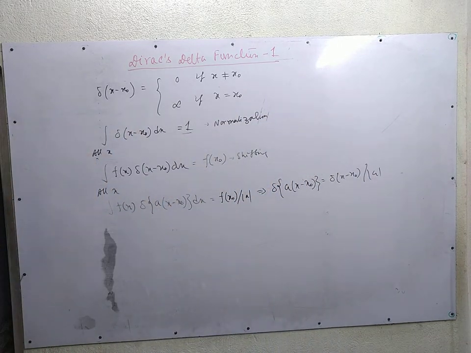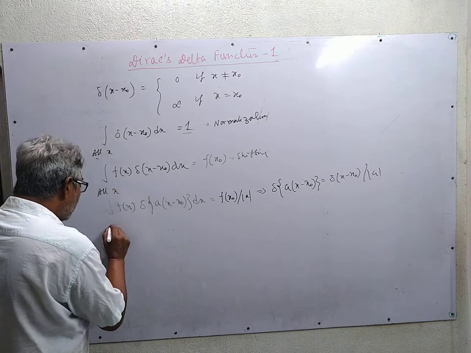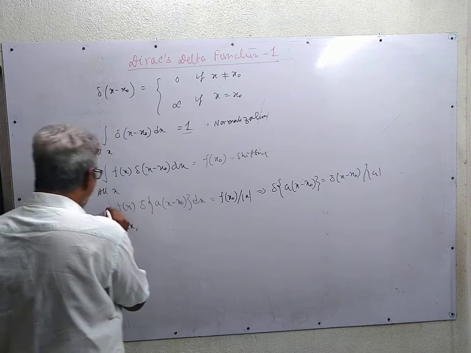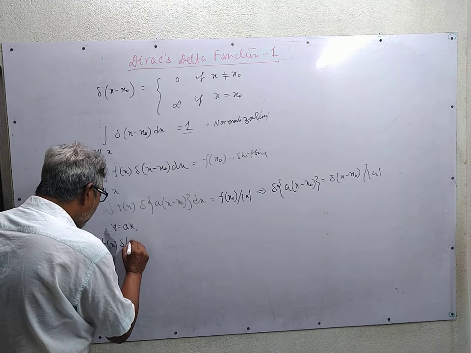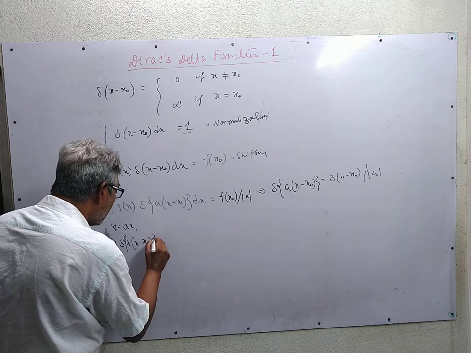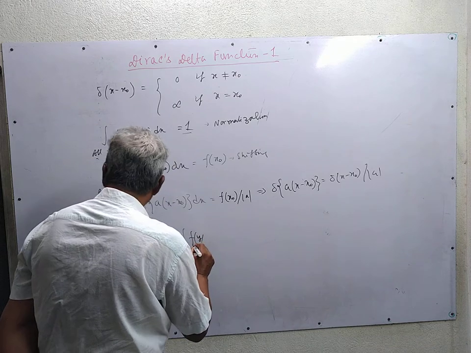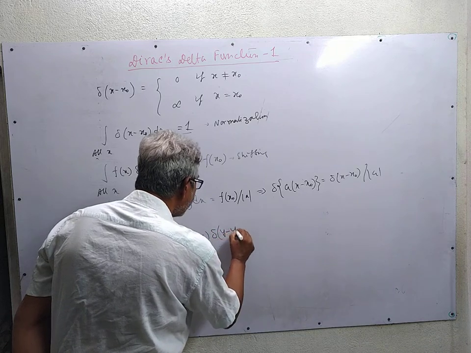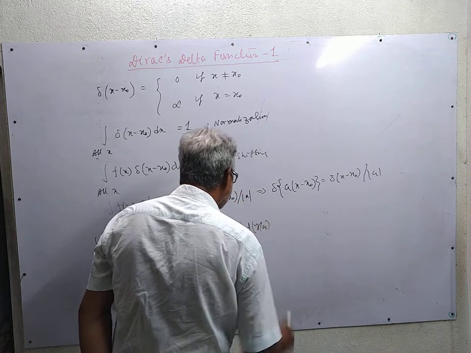To prove this, we define y equal to ax, so that the integral over all space of f(x) δ(ax − x0) dx becomes the integral of f(y/a) δ(y − y0) d(y/a).